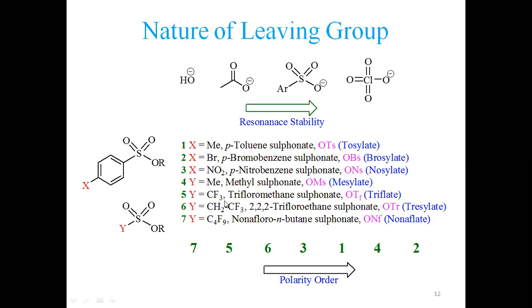Now look here, we have CH2CF3. We have increased a CH2 group in between CF3, so it is causing a decrease in this effect. CF3 is not directly attached; a carbon is in between, so the effect is decreased. So CF3 shall be more reactive and CH2CF3 shall be less reactive.